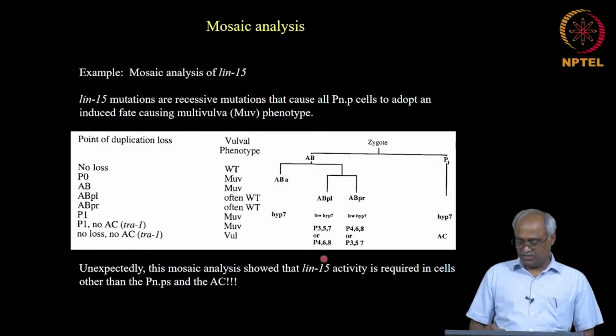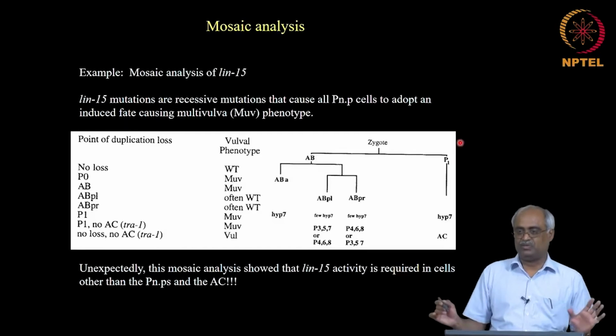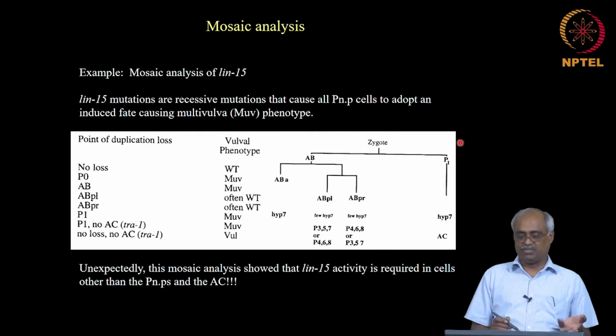Now you go further, you find in P1 you are losing. Look at the PNPs, these are coming from ABPL and ABPR, they are not coming from P1. But when you lose it in P1 also, you are having problems. Not surprising, because we know the anchor cell is important for vulva development and the anchor cell comes from P1. So, it is required in both AB and P1.